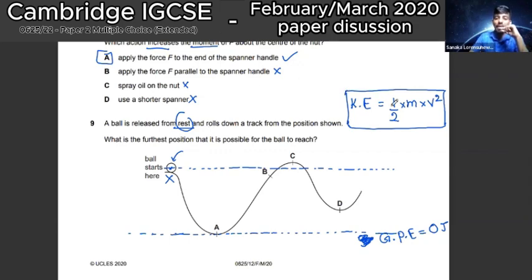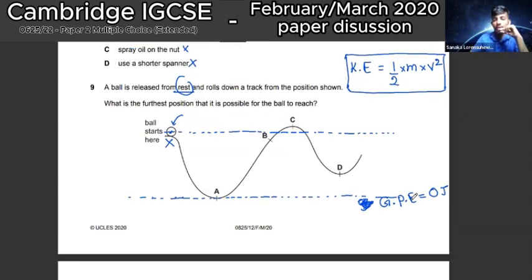How do we get gravitational potential energy? Gravitational potential energy equals mass times gravitational acceleration times height, the height difference from the zero line. GPE equals mgh, and kinetic energy equals half mv squared.